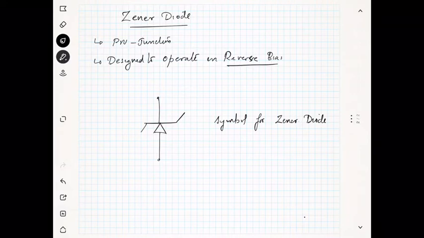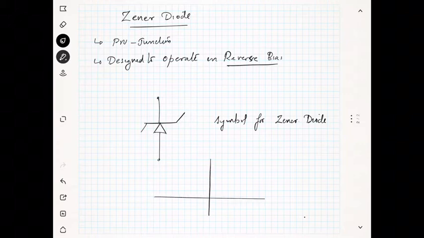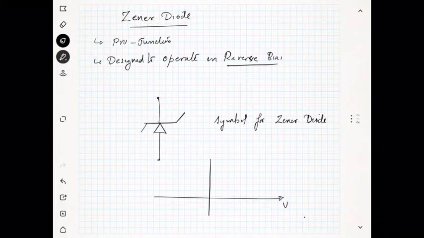And the characteristics of the Zener diode are almost the same as your standard diode in the forward bias region. In the case of a silicon diode, at 0.7 you will have a current.